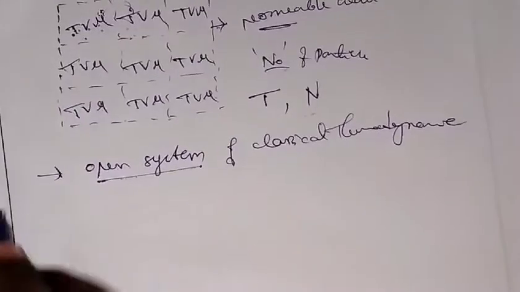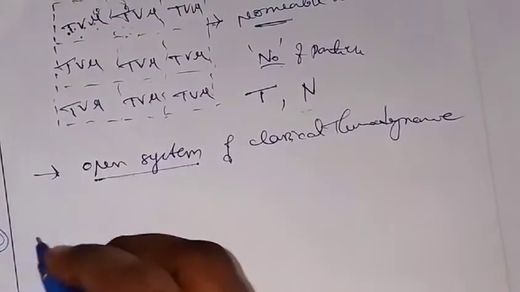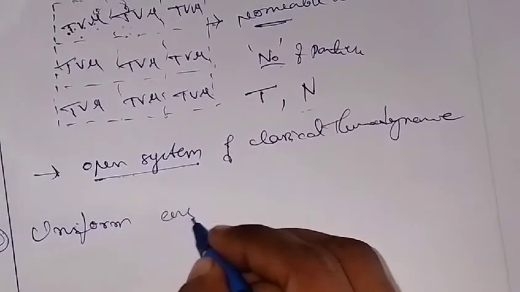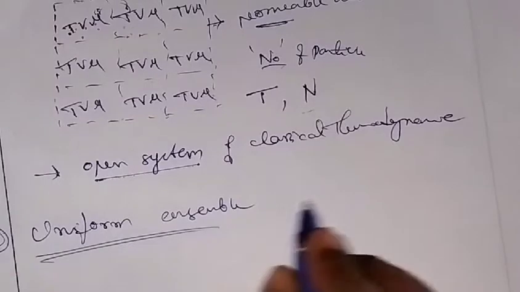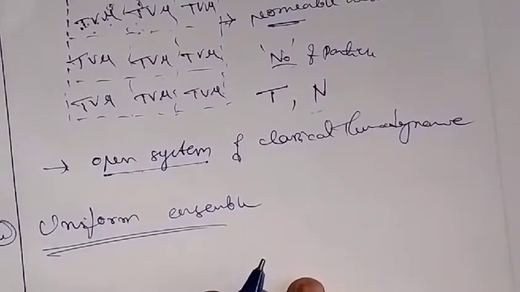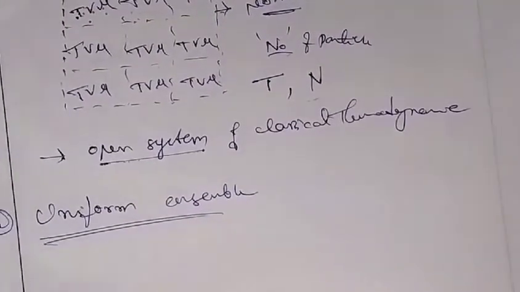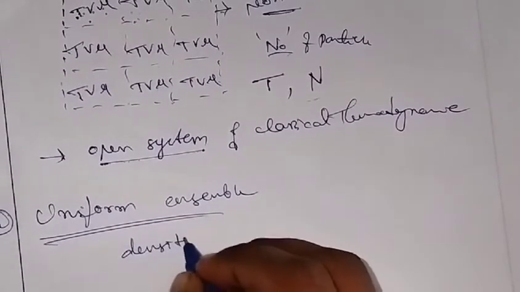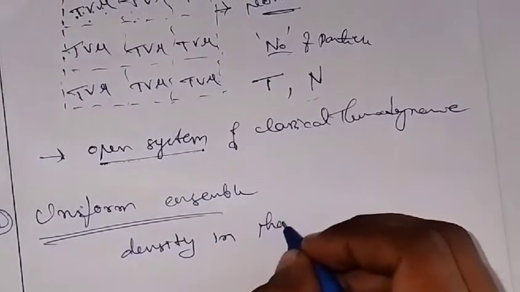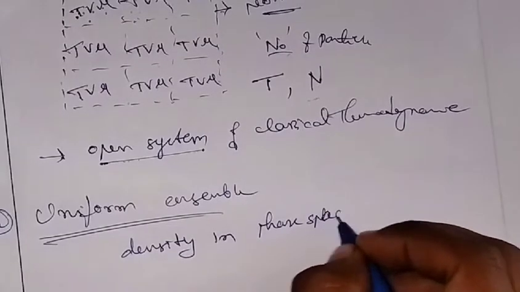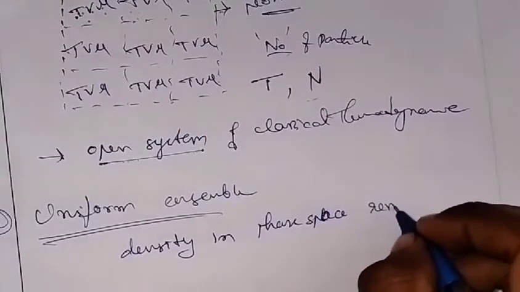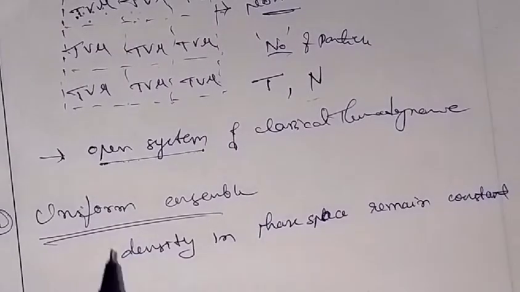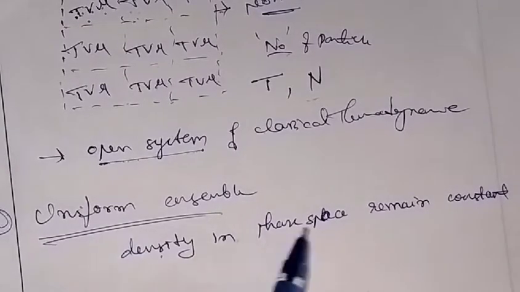Now the fourth one, that is the uniform ensemble, right? Uniform ensemble means the density. In the uniform ensemble, the density in the phase space remains constant.